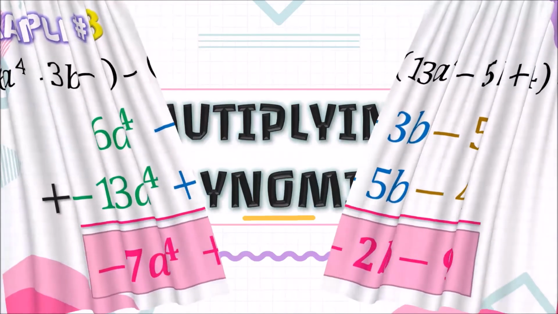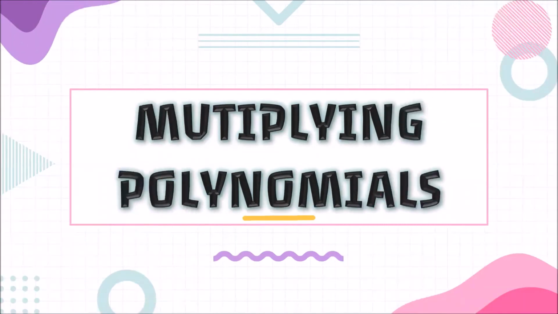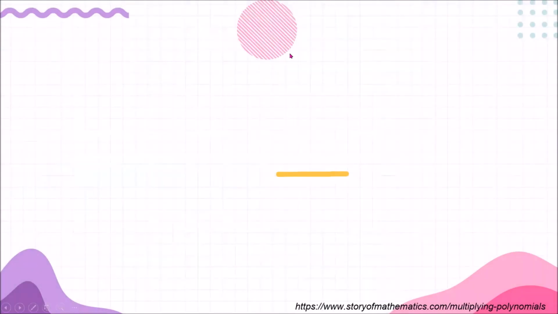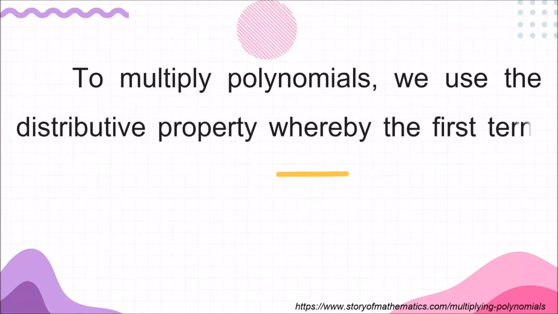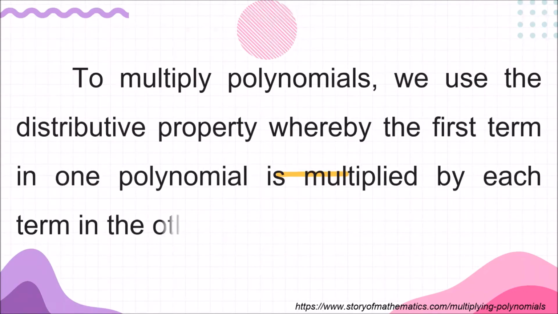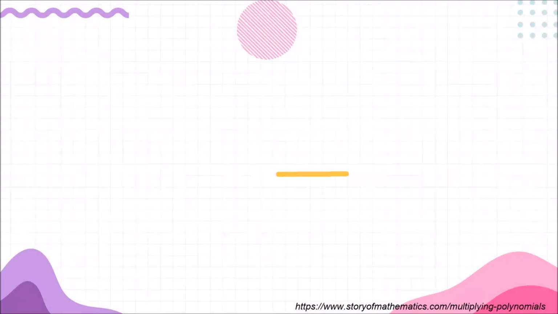So now, let's proceed in multiplying polynomials. To multiply polynomials, we use the distributive property whereby the first term in one polynomial is multiplied by each term in the other polynomial.